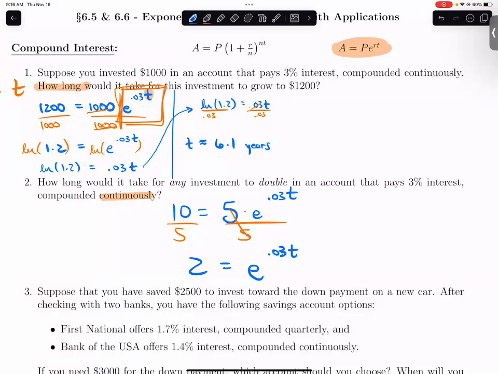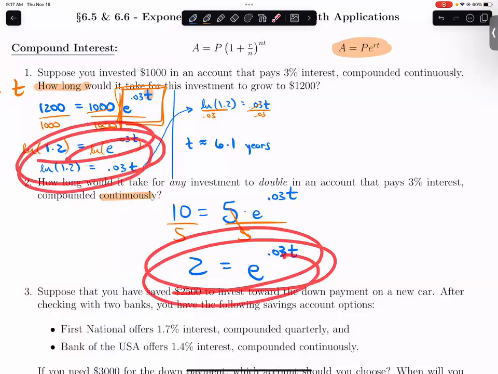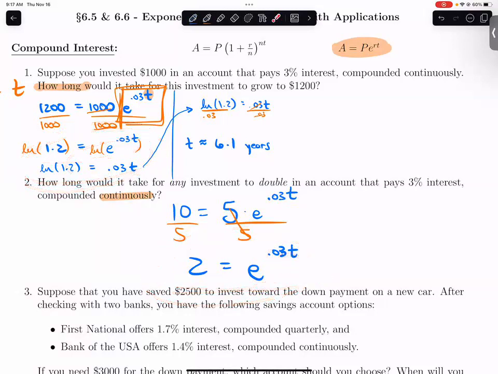If you're okay with the idea that double means times 2, and you can just jump to right here, then that's fine too. How would you solve from there? Take a natural log, then divide over by 0.03. So the solving part here is going to look just like the solving part here, right? The rest of the stuff we need to do is going to go almost exactly the same as what we just did.